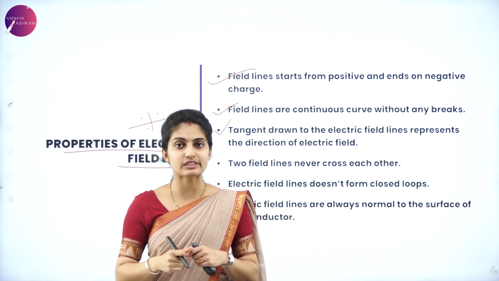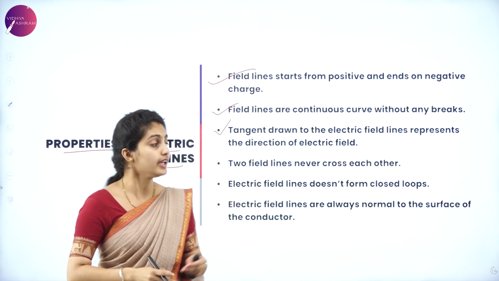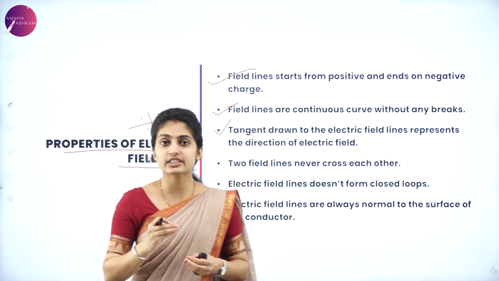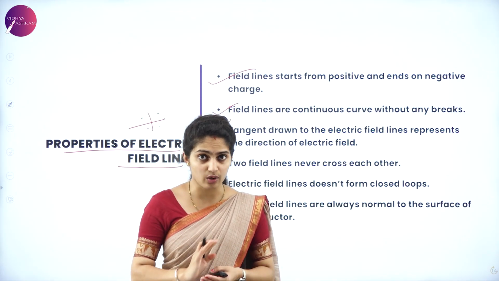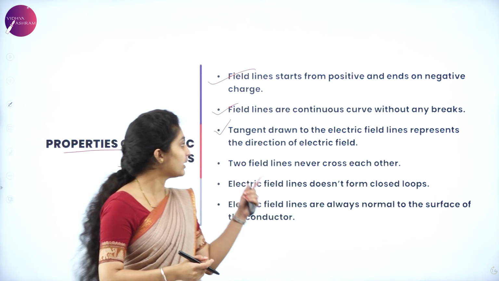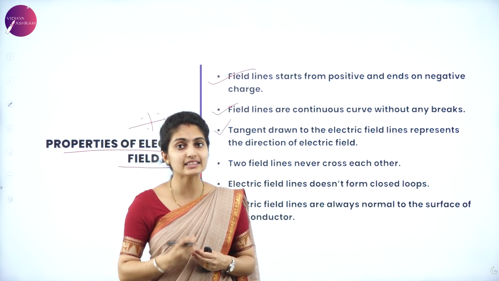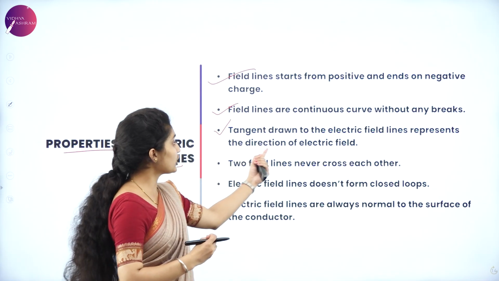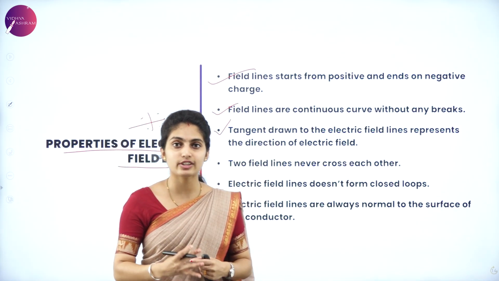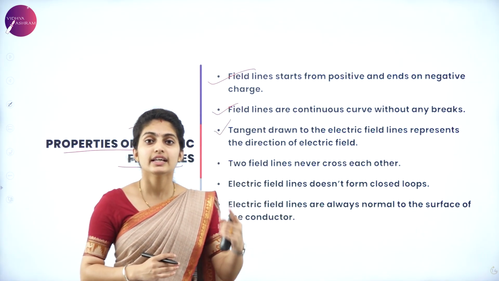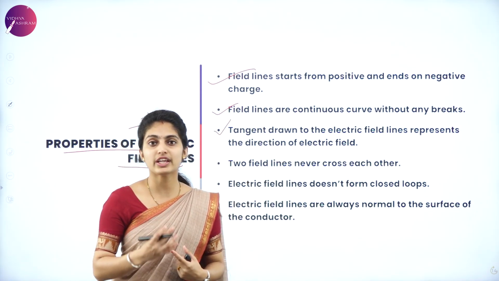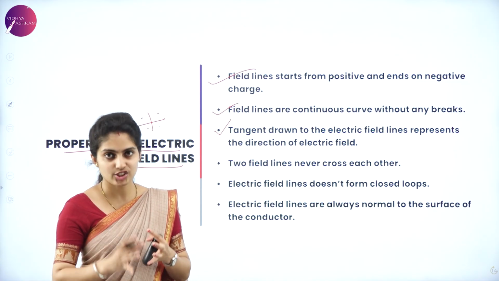And the second one, the electric field lines, that is the curves, are continuous without any breaks. And the third one, electric field lines represent the direction of the electric field. The tangent drawn to that electric field line represents the electric field of that particular charge.